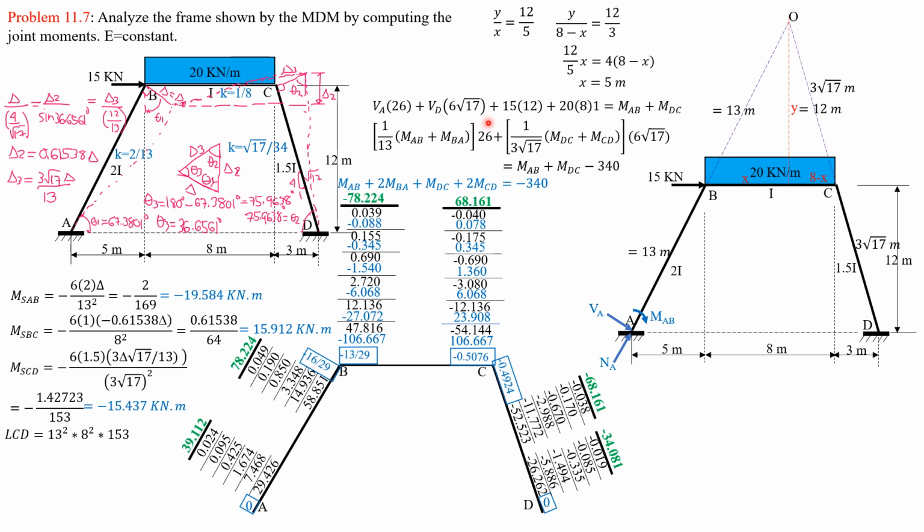So summation of moments about O equals 0, counterclockwise positive. So we have V sub A times the quantity 13 plus 13, or 26, plus V sub D times the quantity 3 square root of 17 plus 3 square root of 17, so 6 square root of 17 meters.